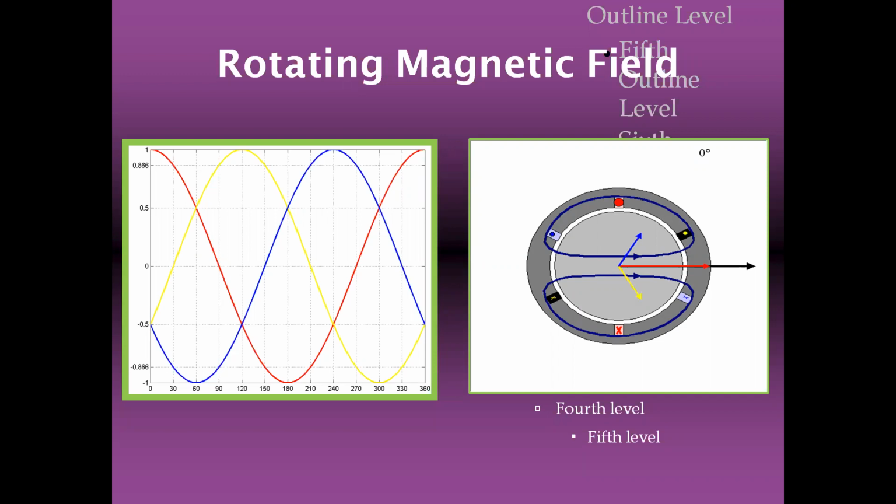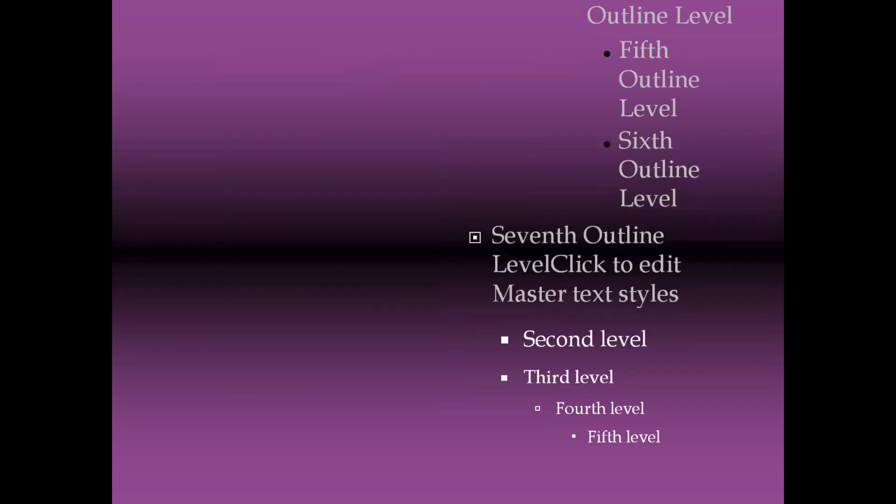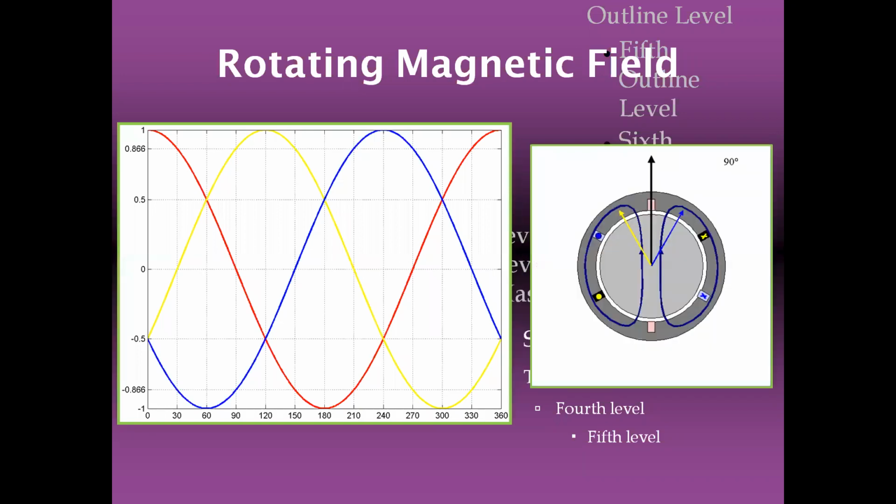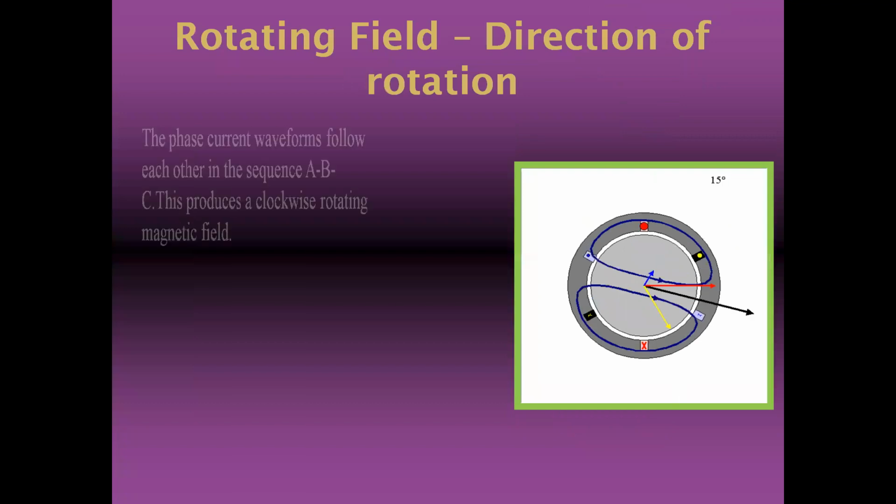Suppose R is absent here, because it passes through the zero point. Then also, due to Y and blue, the magnitude is the same, and the position is also changed, like see here.